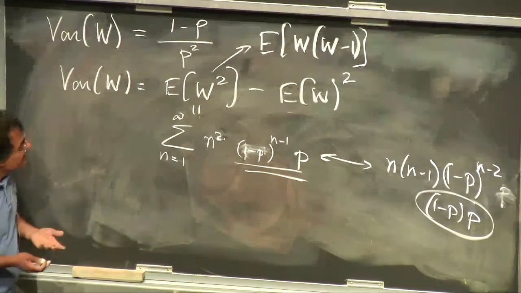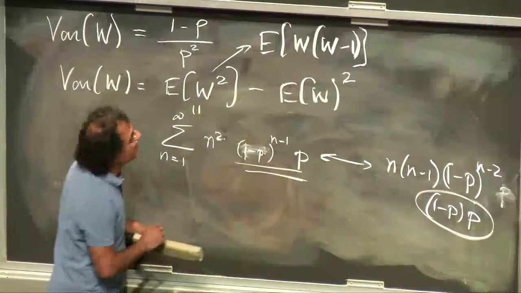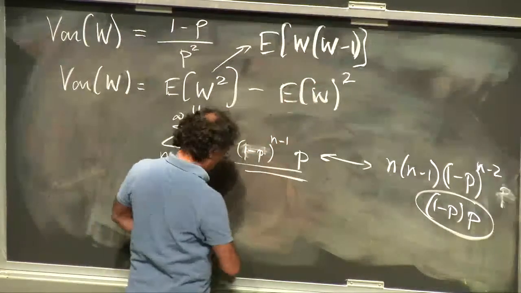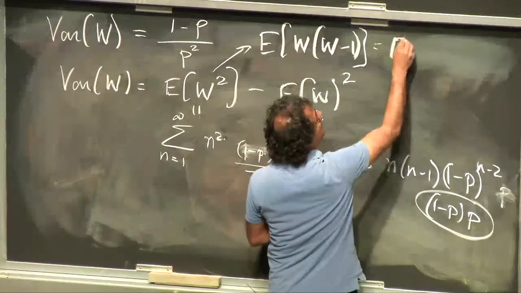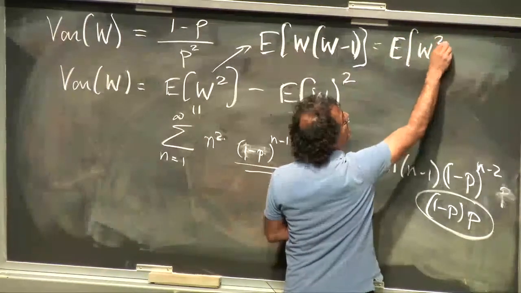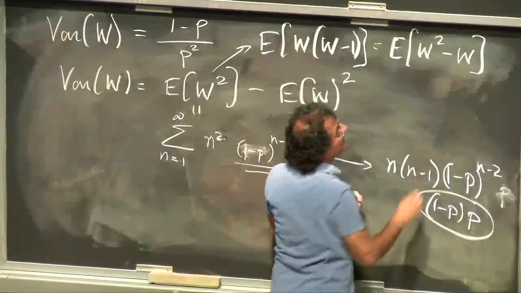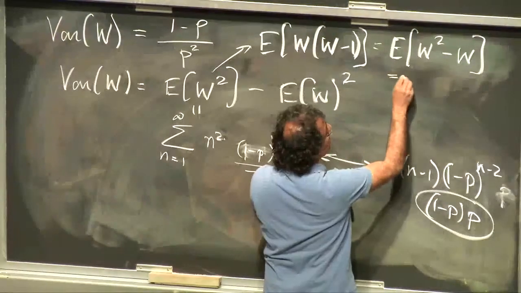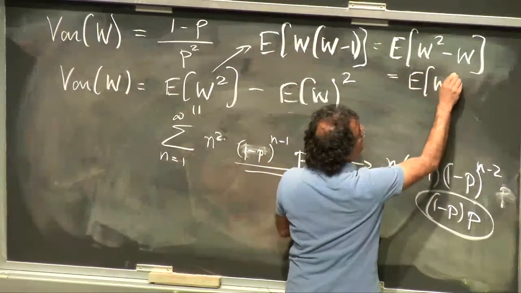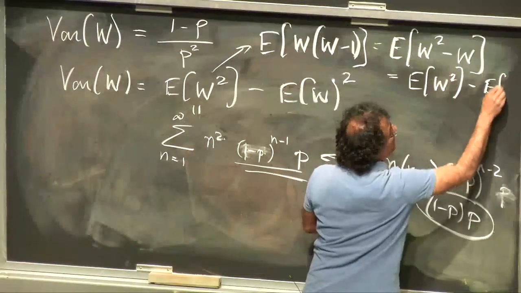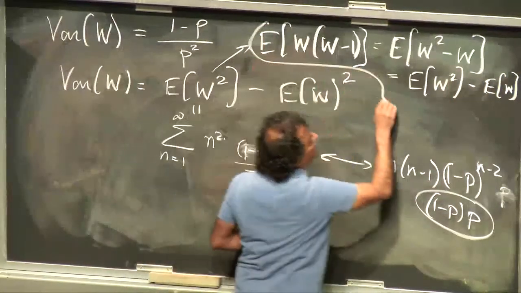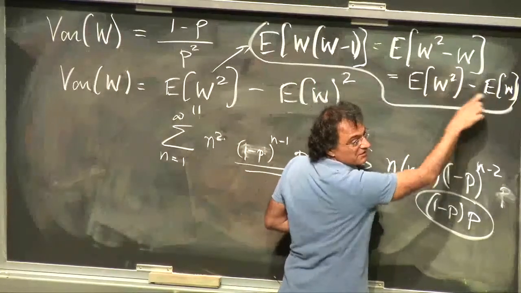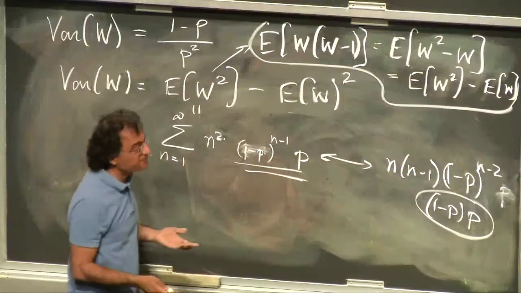And the point is, the expected value of W times (W minus 1) is just the expected value of W squared minus W. And again, linearity of expectation: this is the expected value of W squared minus the expected value of W. Okay, so this is what we want, but it's closely related to what we actually have.